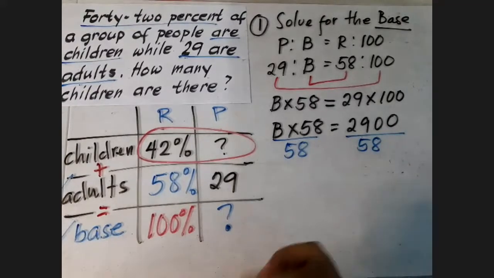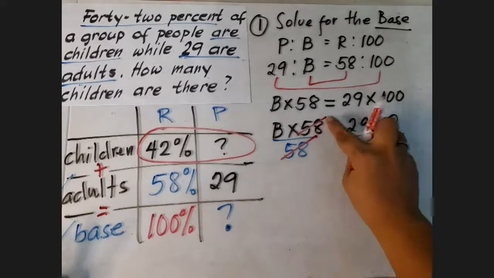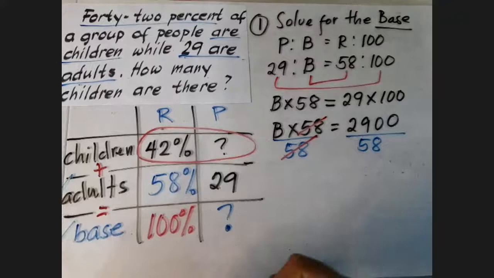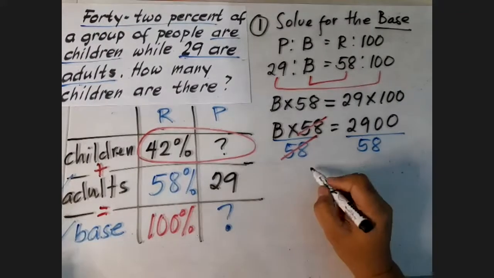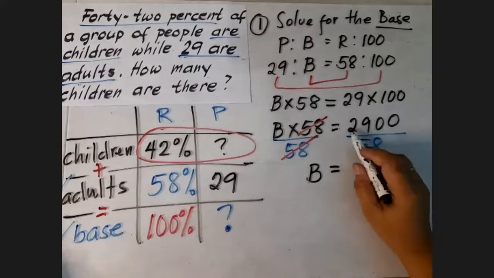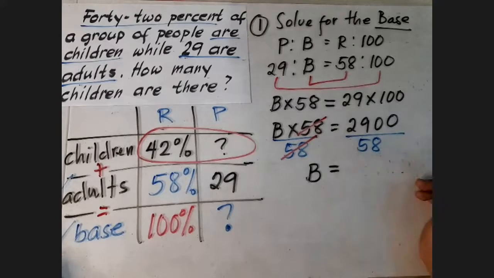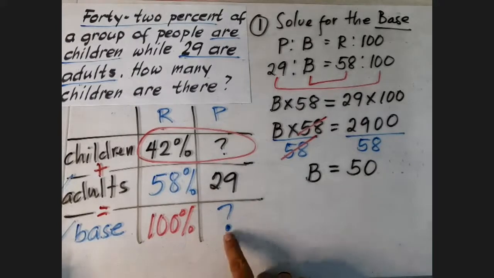Okay? So, maka-cancel out yung 58. 58 divided by 58 is 1. Leaving times B is B. Okay? And 2,900 divided by 58 is 50. Okay? 50. So, meron na tayong base.